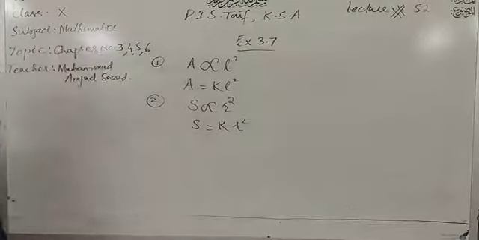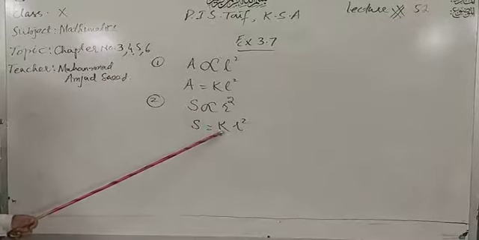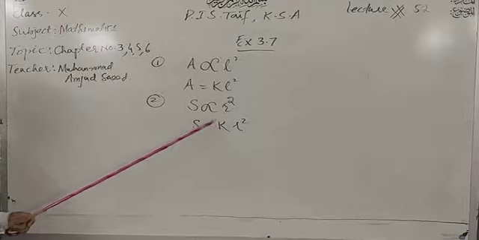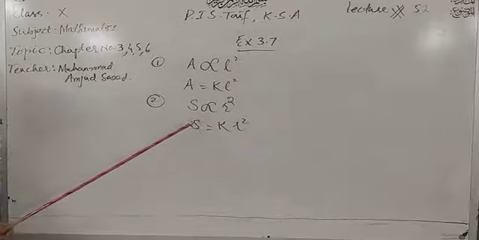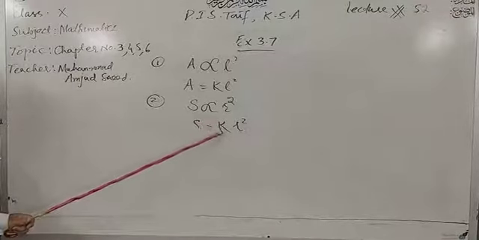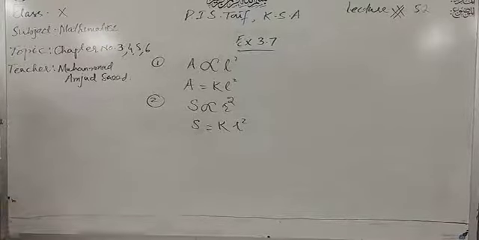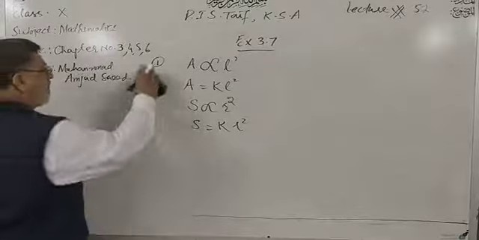Dear students, you have the values of S and r to find the value of k. After that, you will put the value of k here and, using the value of S, find r, and using the value of r, find S. So in this way, you can apply your values in this formula and complete it.